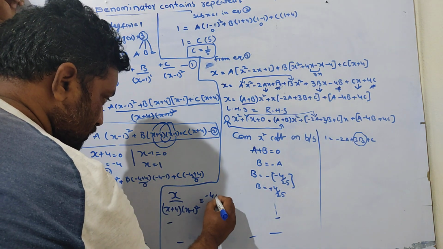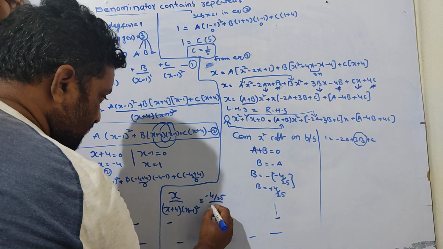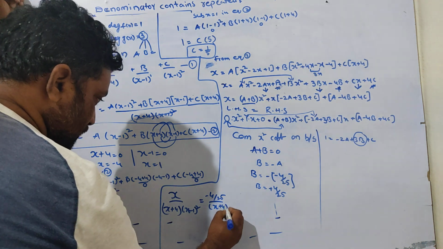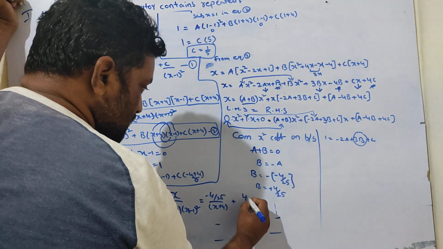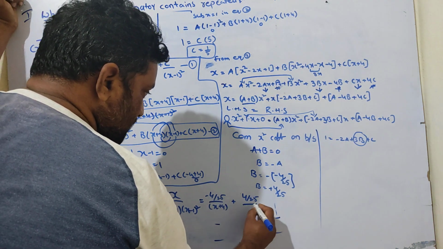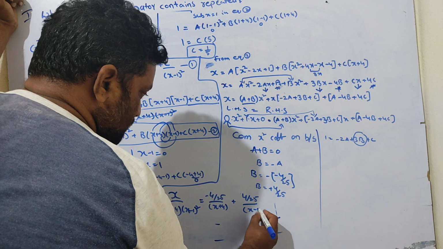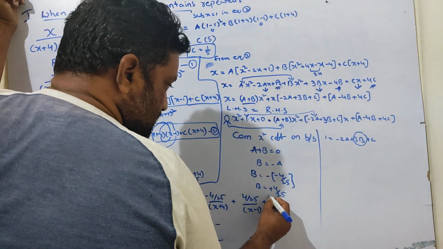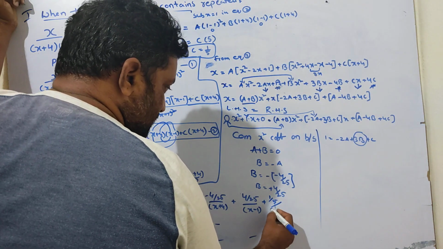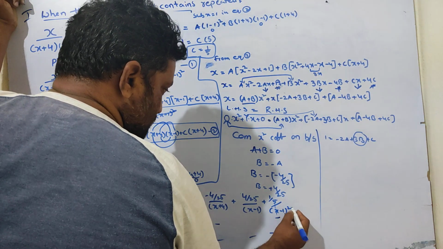Minus 4 by 25 over x plus 4, plus b value plus 4 by 25 over x minus 1, plus c value 1 by 5, this is 1 by 5 over x minus 1 whole square.